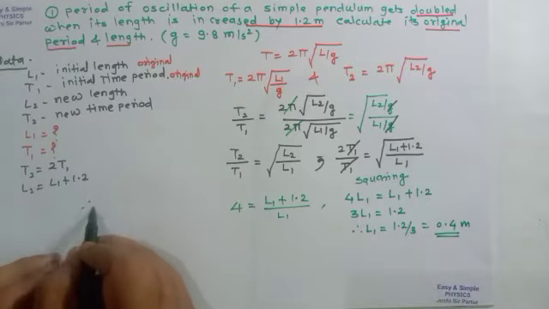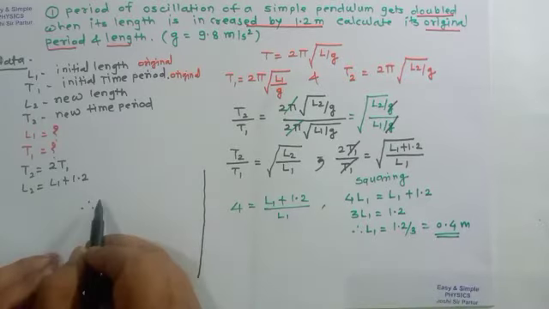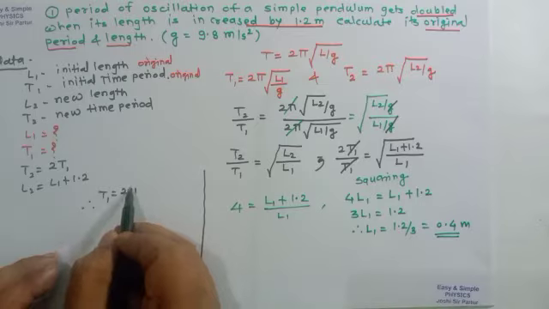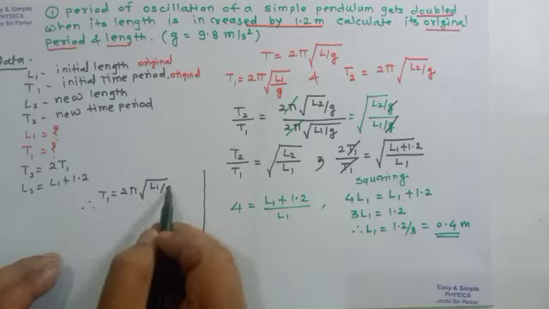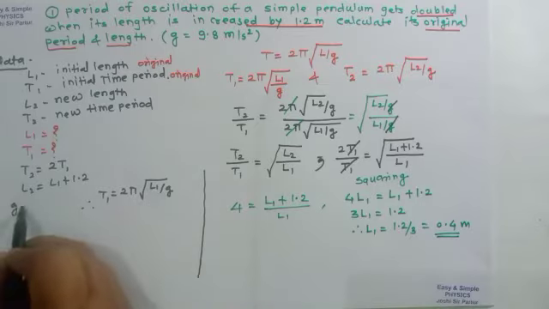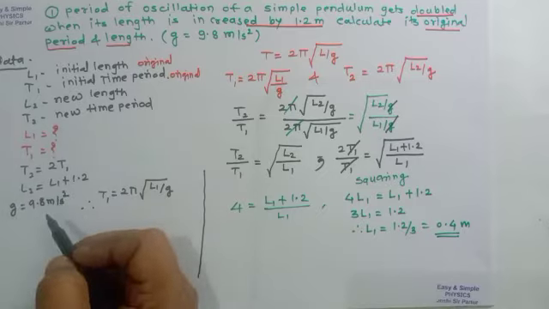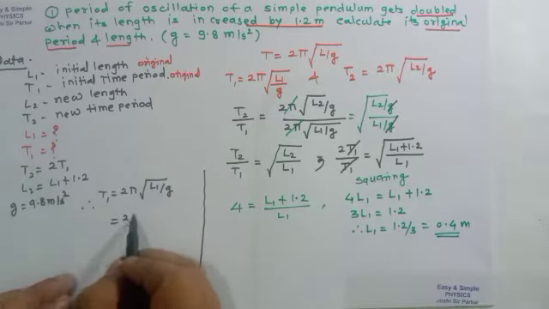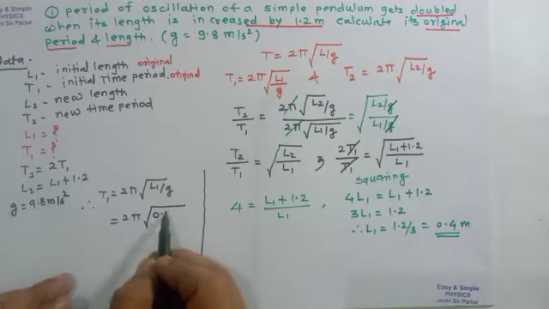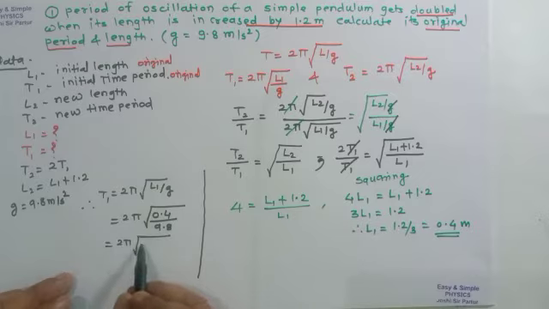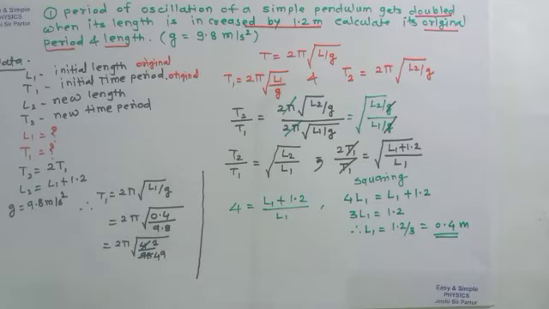Therefore, T1 is equal to 2 pi square root of L1 upon G. We know the value of G, that is 9.8 meter per second square. If we substitute the value, it will be 2 pi square root of 0.4 upon 9.8. That is 2 pi square root of 4 upon 98, which means 2 upon 49.